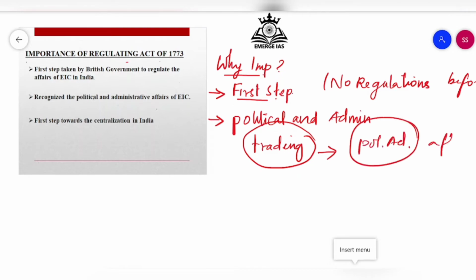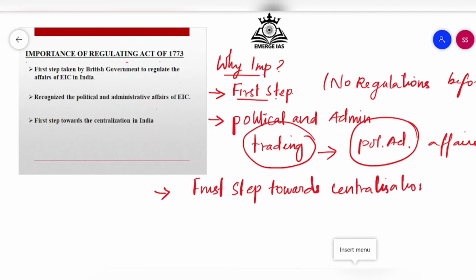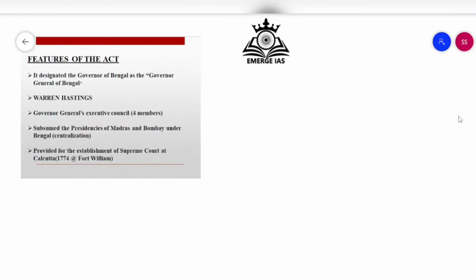And another thing, the most important thing that is frequently asked in our exams, this act was the first step towards centralization in India. Why is this the first step towards centralization in India? That we will see in the next topic. Just remember this was the first step towards centralization in India, and this question was asked many times in our prelims as well as mains also.